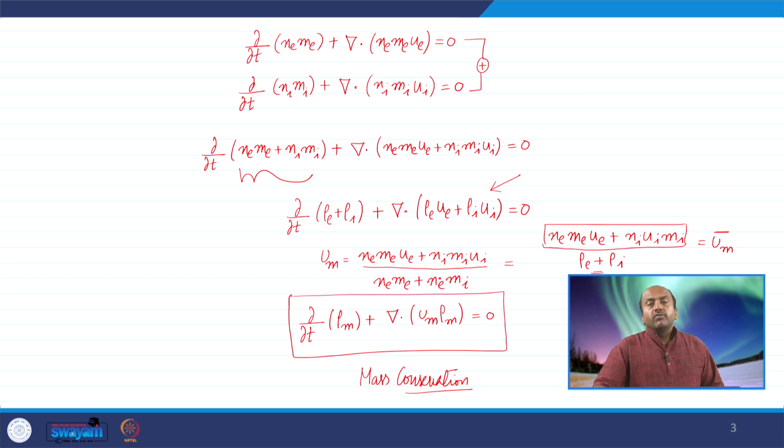And what else do we have? Which governing equation should we require? We will require an equation of motion, which is just of the form F is equal to ma. We have obtained the continuity equation.